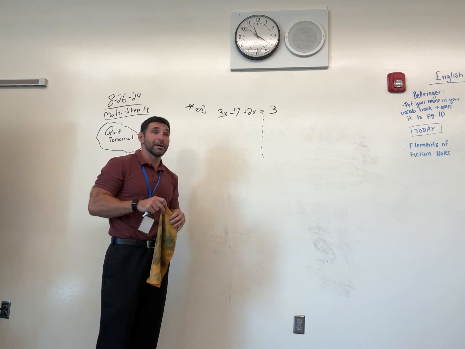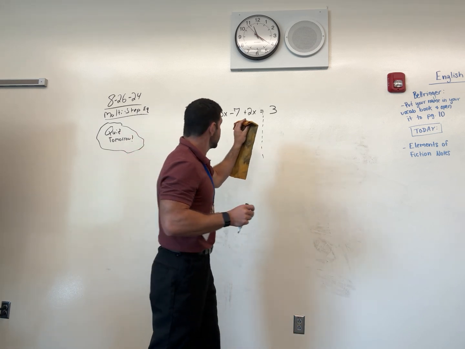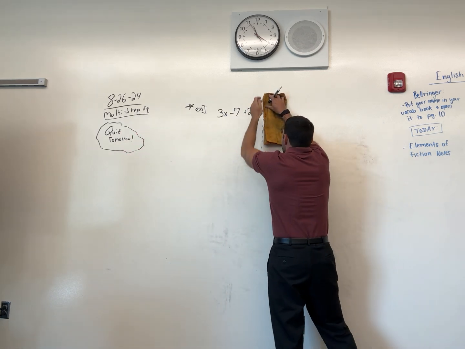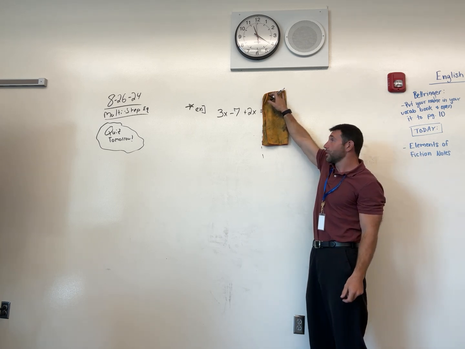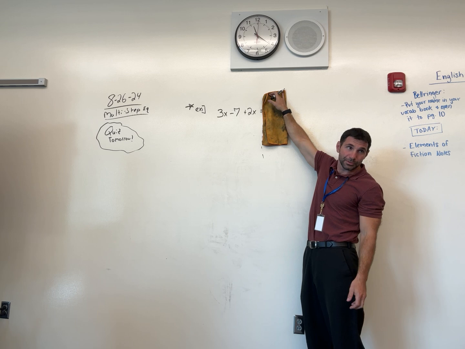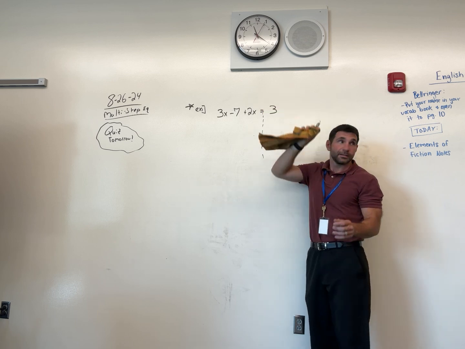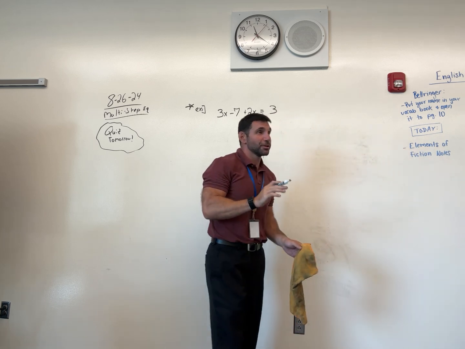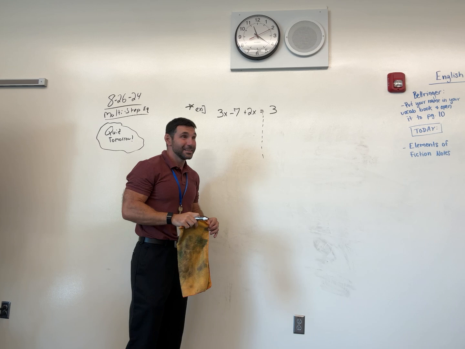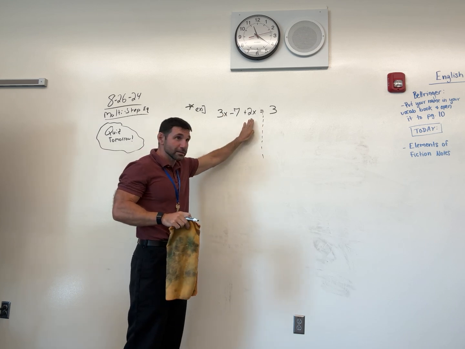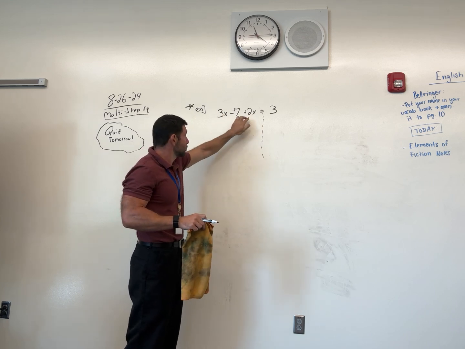This is why we make a balance point, to make it easy. I'm now covering up this side. What are my like terms? 3x and what?